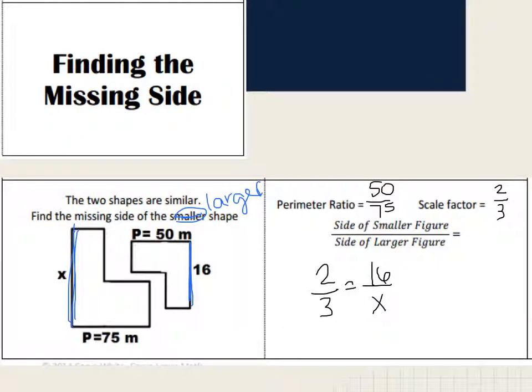Remember, you can solve proportions by multiplying across, multiplying up and down, or by cross multiplying and dividing. We see that 2 times 8 is 16, so 3 times 8 in the denominator would give us a value of 24. So the side of our larger figure that is missing is 24 inches.